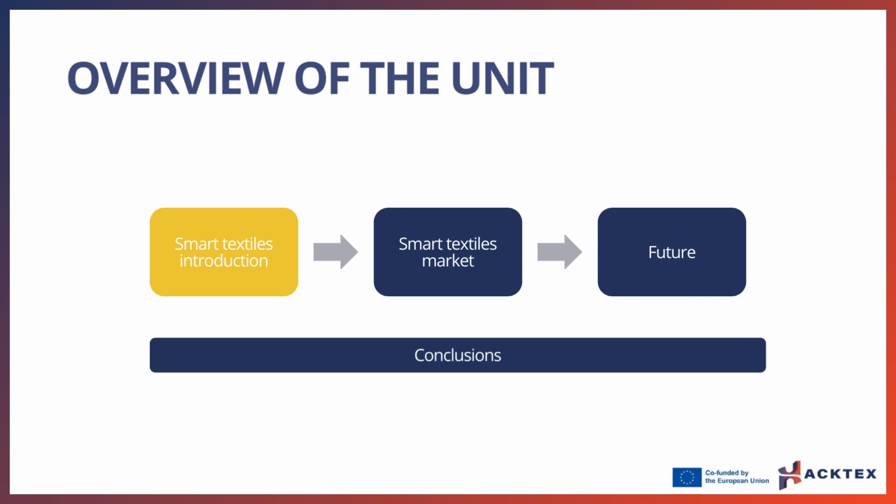During this lesson, the public will form a general idea about smart textiles, which is the previous step to the next lesson, the smart textiles market, where the content will be focused on real products developed in different field applications. And finally, the third lesson will conclude with a few more examples of smart textiles applications and will produce a general unit conclusion regarding the smart textiles market.